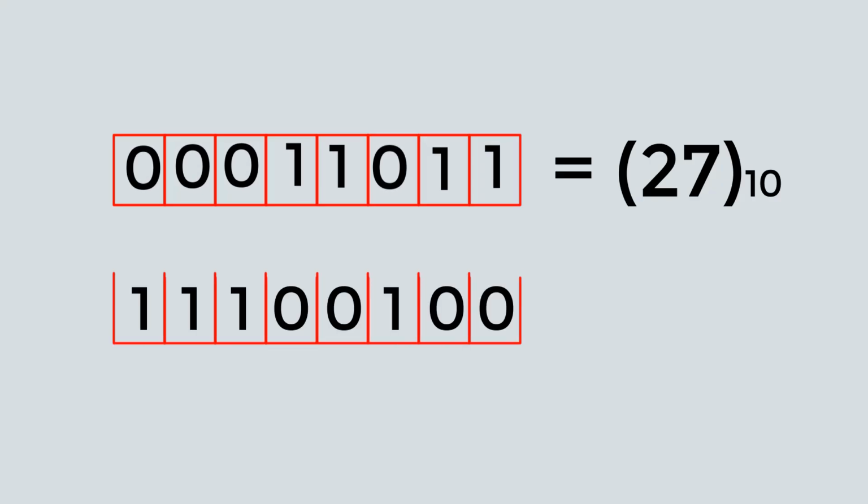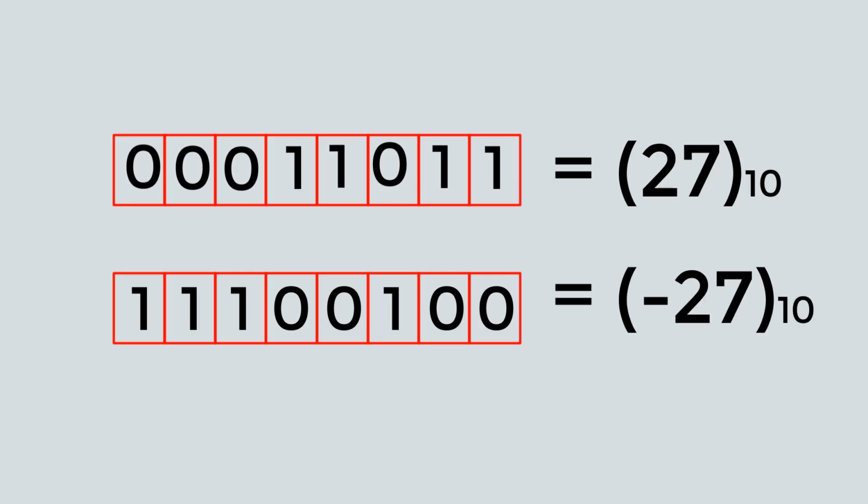The binary value 0, 0, 0, 1, 1, 0, 1, 1 represents 27. So, 1, 1, 1, 0, 0, 1, 0, 0 represents negative 27 in 1's complement. Flipping the bits creates a direct relationship between positive and negative values. Every positive bit pattern has a corresponding negative pattern obtained by inversion.